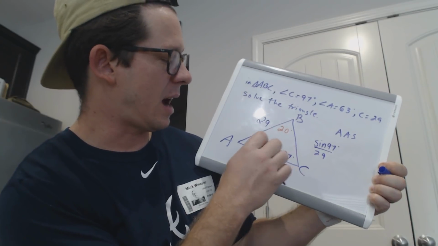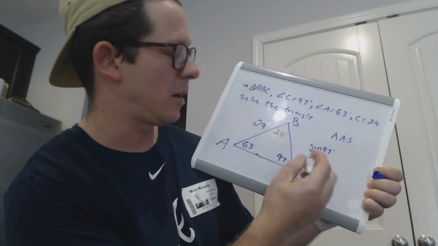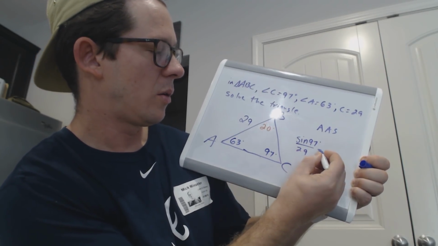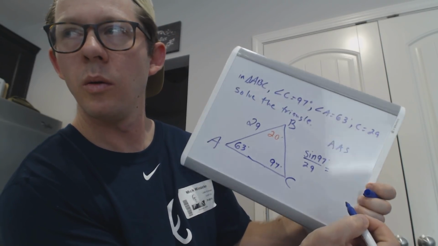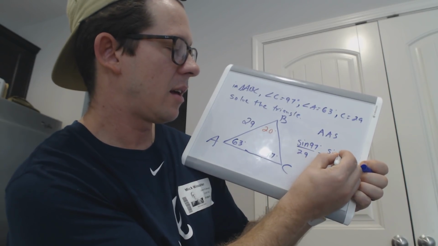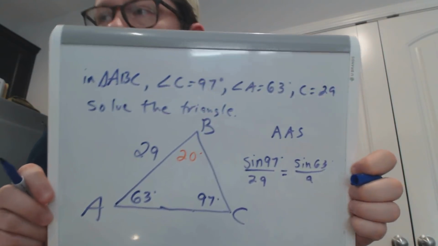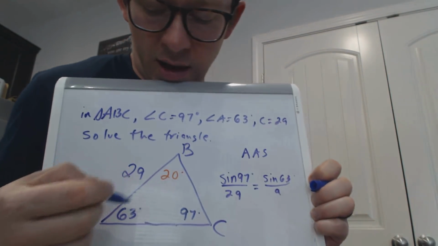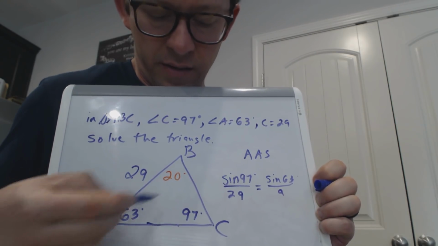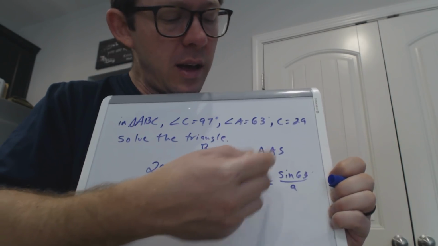So let's say I wanted to solve for this one right here, which is side A. Sine of 97 over 29 would equal the sine of 63 over A. The sine of this over this equals the sine of A over A. This is a very easy problem to solve because all you have to do is cross multiply.